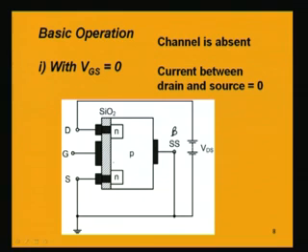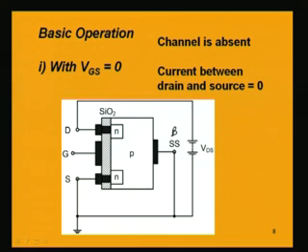But we also have to note that in between these two N types, there is no channel. Although these two regions are rich in electrons, still in this present arrangement, there cannot be any current flow between the drain and the source, because there is no channel present.